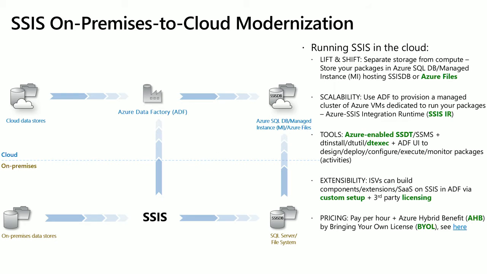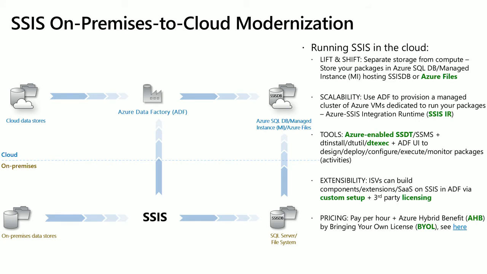So you can have SSISDB hosted by those instances, right? But the compute is moved to Azure Data Factory, so you can scale storage and compute independently from each other. You can scale up and down the SSISDB or scale up and down the compute in ADF, right? The compute in ADF that has the capability to run SSIS is called Azure-SSIS Integration Runtime, or for short, SSIS IR. I will mention IR most of the time, okay?